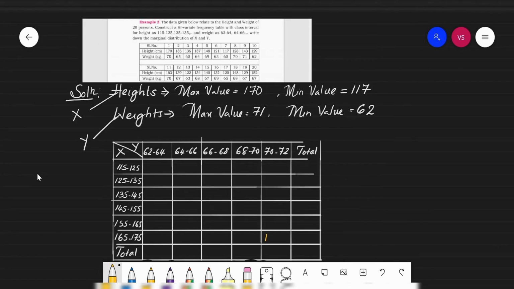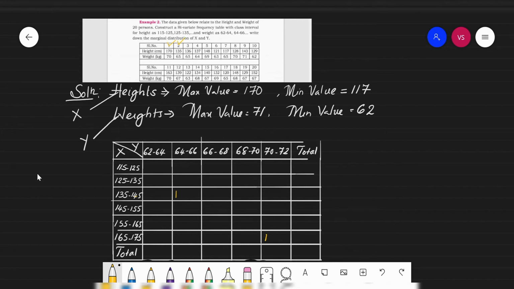I'll continue the problem, students. Now the second person's height is 135 and his weight is 65. 135 comes in this row, students, 135 to 145, and his weight 65 comes in this column, so I'll mark a tally here. This also is red.